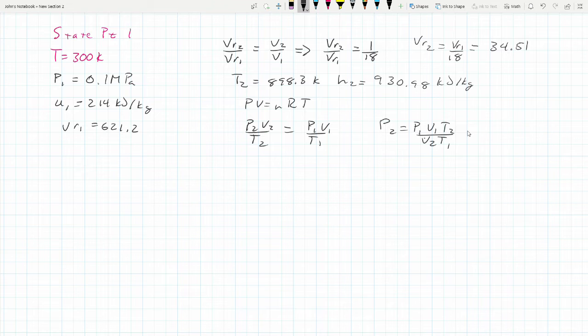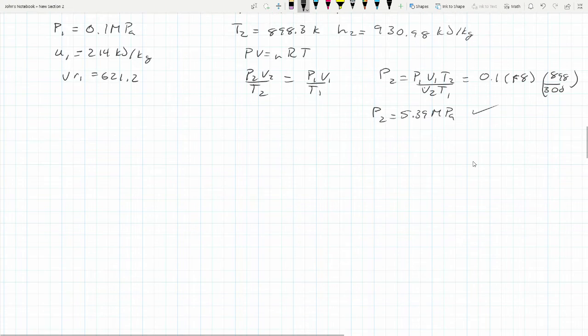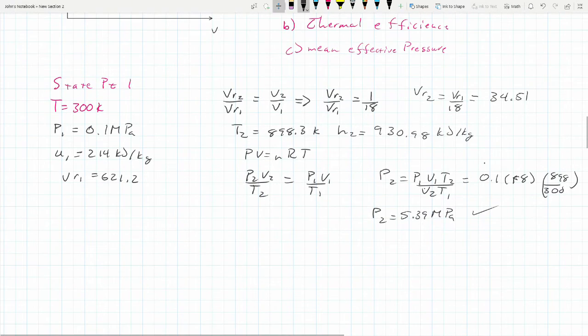V1 over V2 is 18, so this becomes 0.1 times 18 times 898 over 300. P2 is equal to 5.39 megapascals. All right, so that's state point 2.